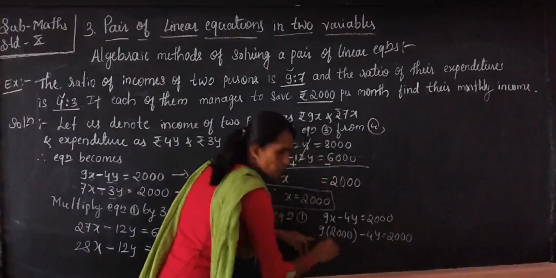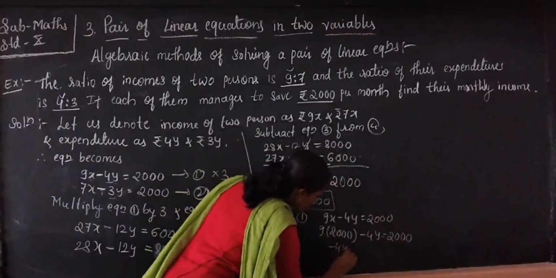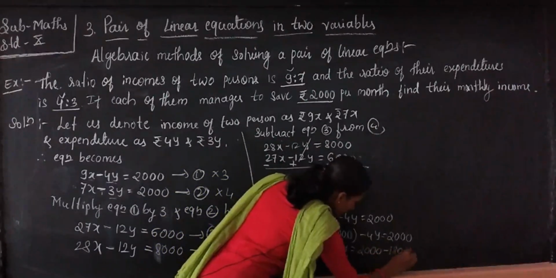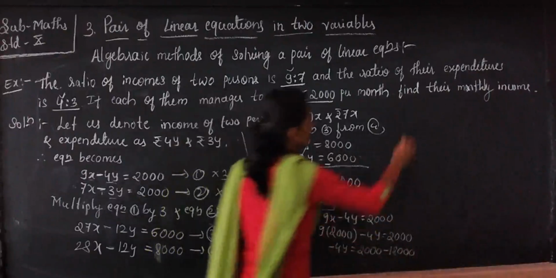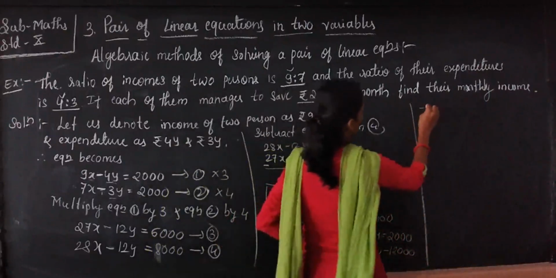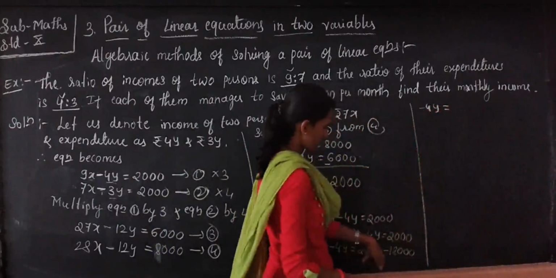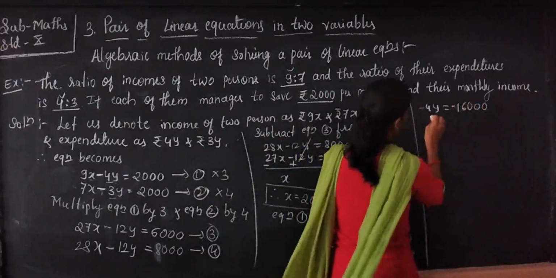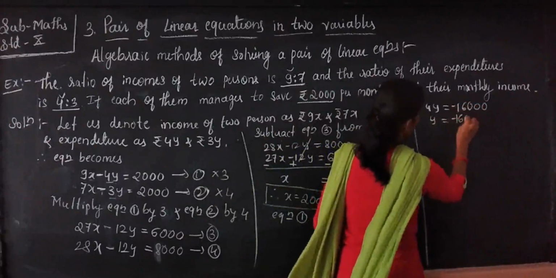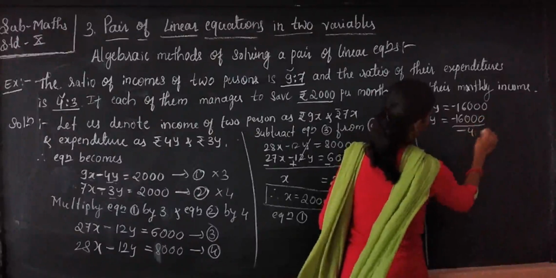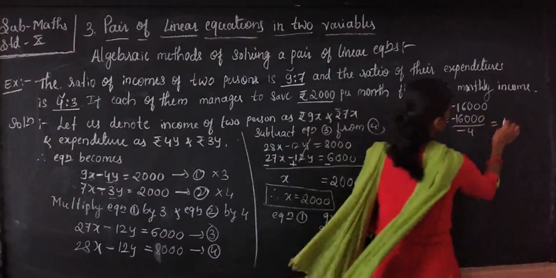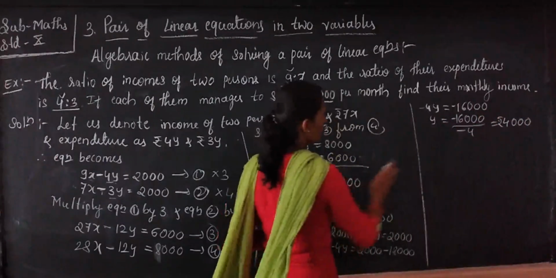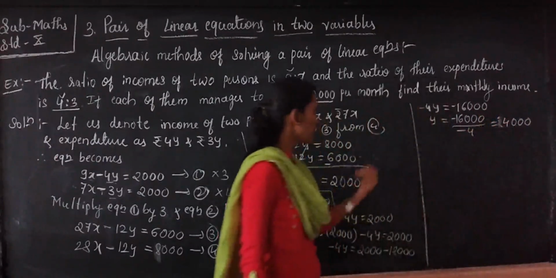So that is 18,000 minus 4y is equal to 2000, so minus 4y is equal to 2000 minus 18,000, because plus becomes minus on that side. Then minus 4y is equal to minus 16,000. Then y is equal to minus 16,000 divided by minus 4, which is 4,000 rupees. So x is 2000, y is 4000.